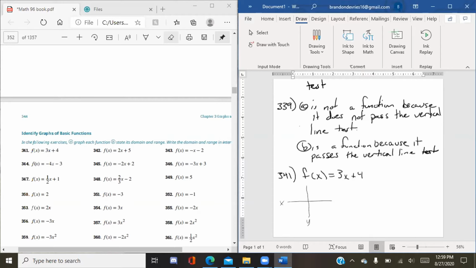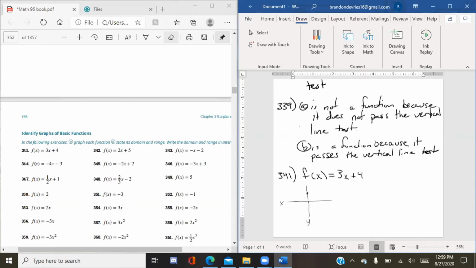If you plug in a 0, it's just going to be 4 on the y-axis. So pretty much there.